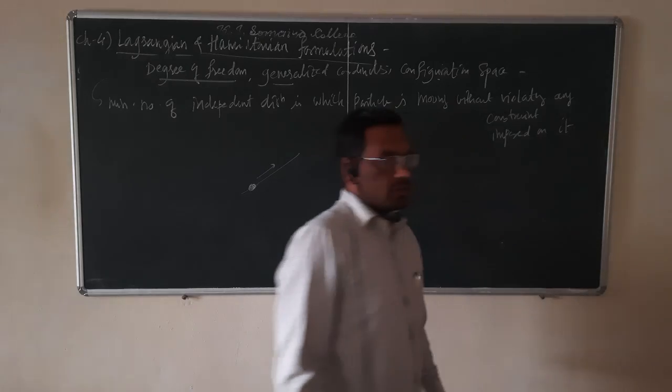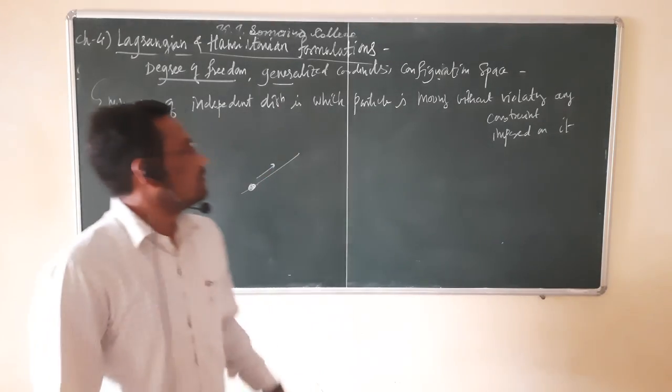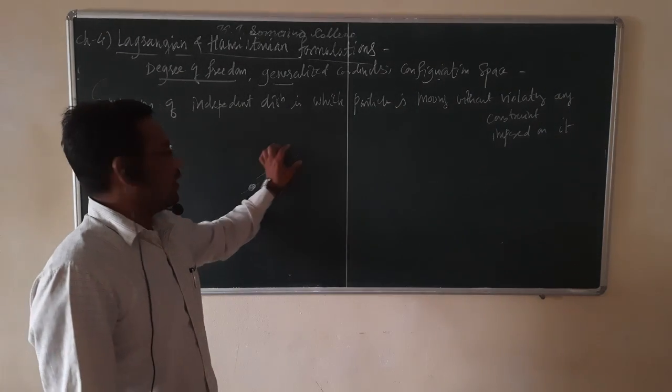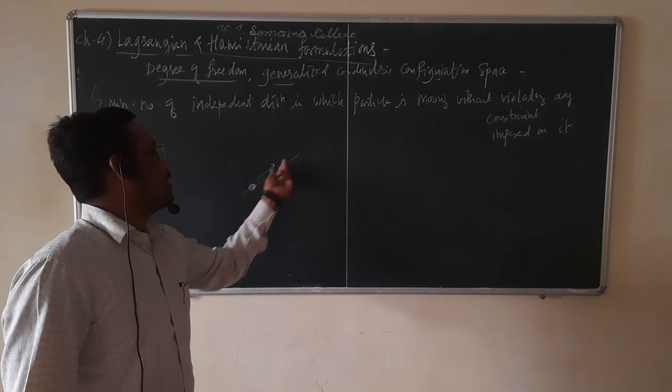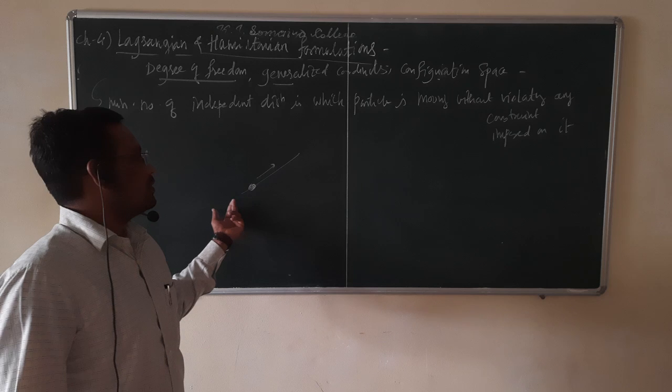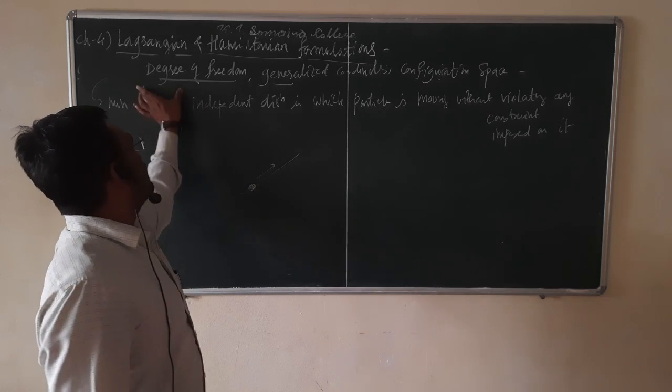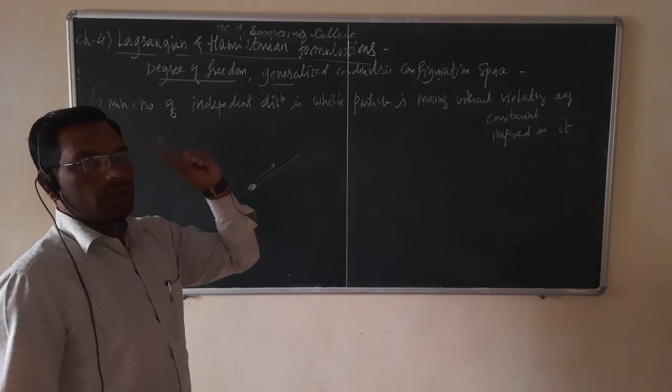So that particle must be moving without violating the constraint. Here it is moving only along one direction, so the degree of freedom for this is only one.